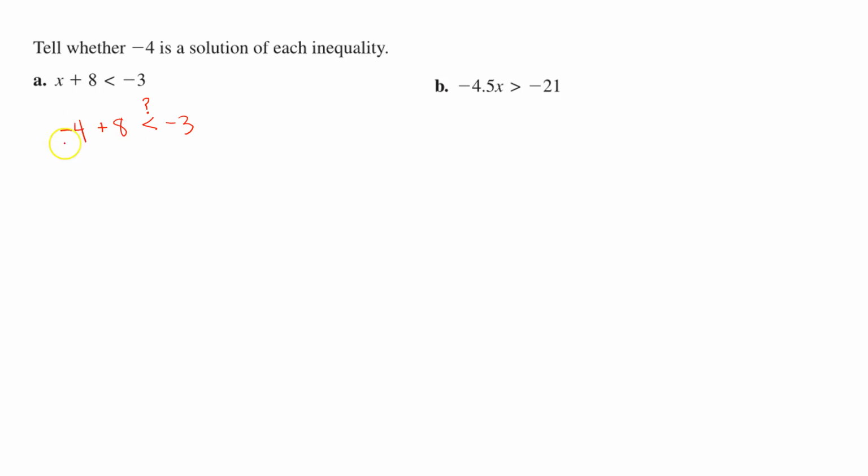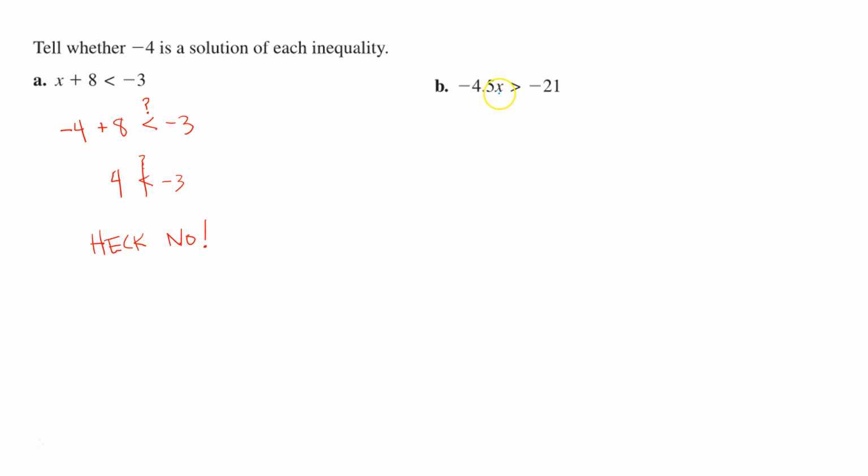I got a +8 and a -4, so my leftovers are going to be positive. 8 minus 4 is 4, so this is +4. -4 plus 8 is +4. Is that less than -3? Heck no, it's not less than -3. So -4 is totes not a solution to this inequality.